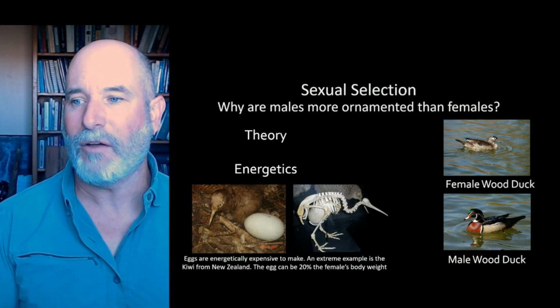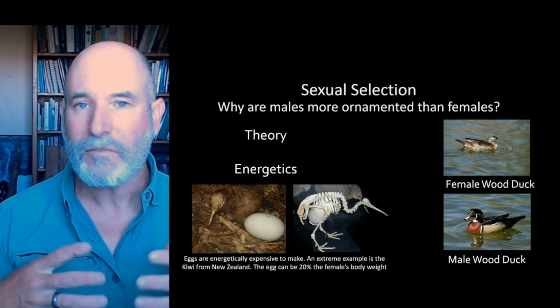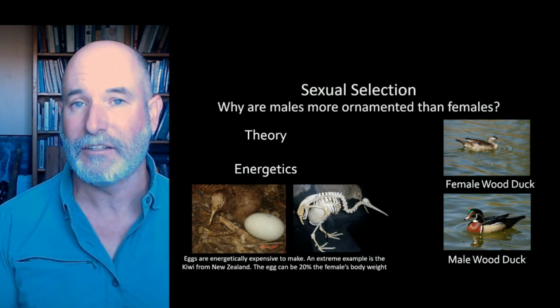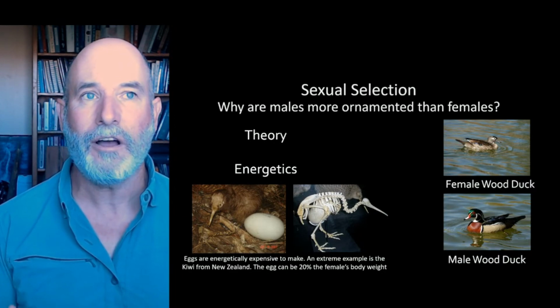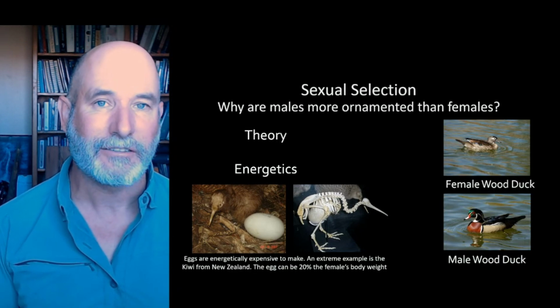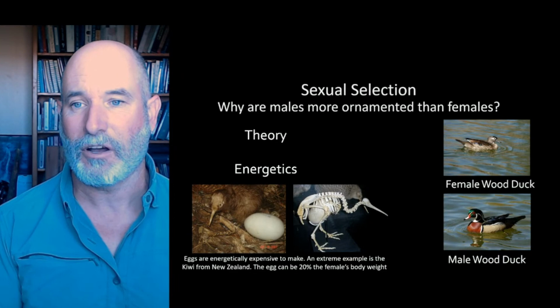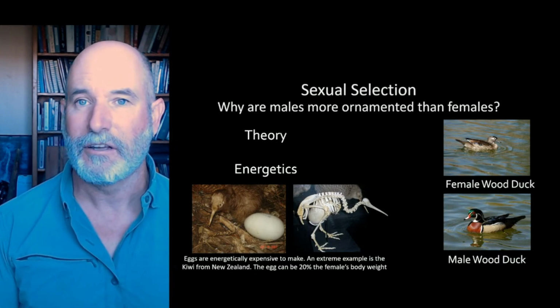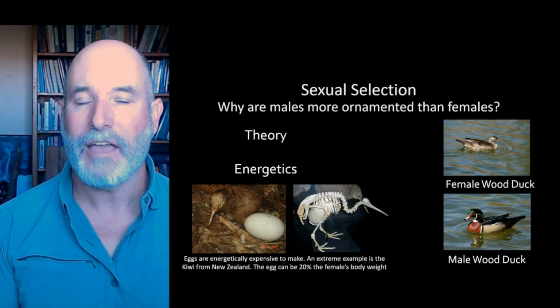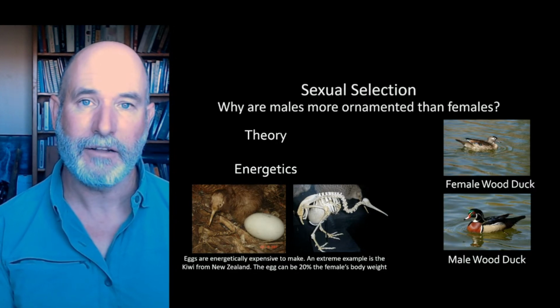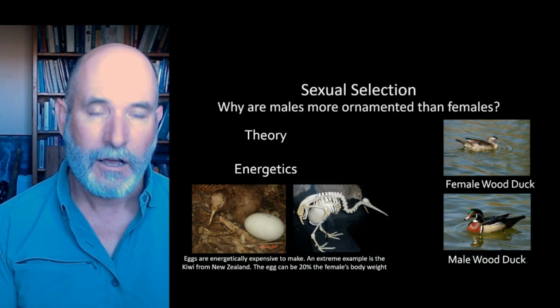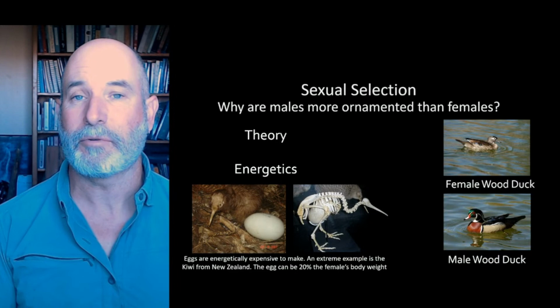One of the reasons why we think that males tend to be more ornamented than females is because, for one, it takes energy to be ornamented, right? But also the cost of making eggs, the cost of those female gametes, is more than the cost of making sperm, right? And not only that, a lot of times females do parental care as well.